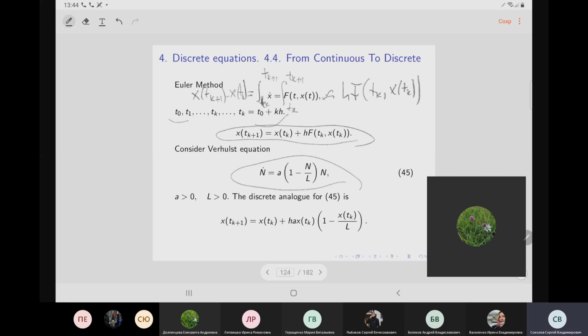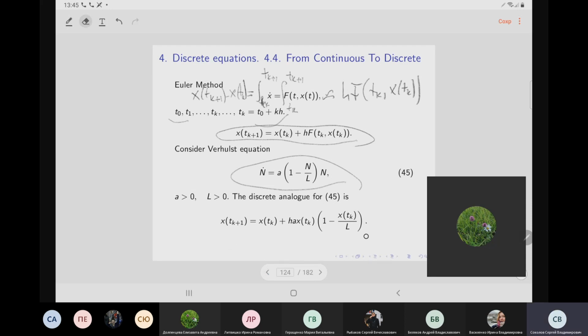So when we use this method, we get these from the left-hand side and these from the right-hand side. And finally, the discrete equation takes, just a moment, this form.